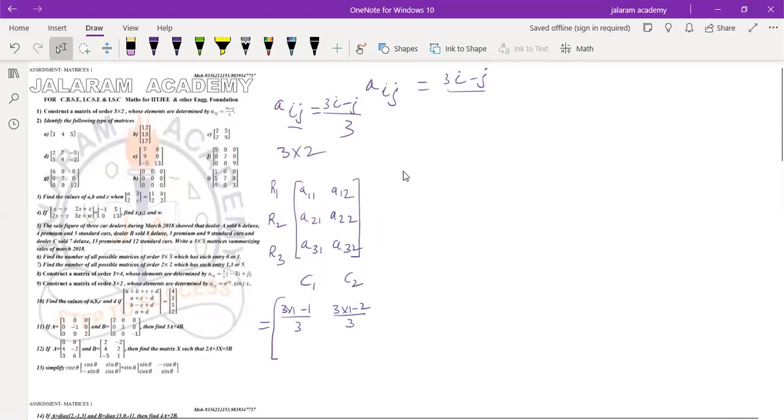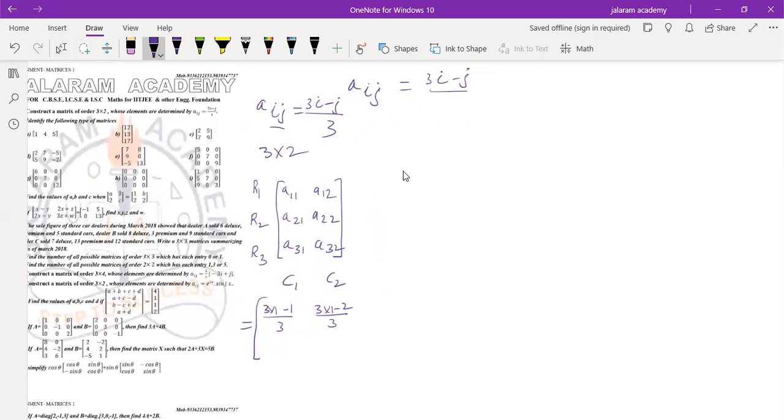Is that clear to you? Yes, sir. So find the other also. Three into 2 minus 1, 3 into 2 minus 2 upon 3, 3 into 3 minus 1 upon 3, 3 into 3 minus 2 upon 3.